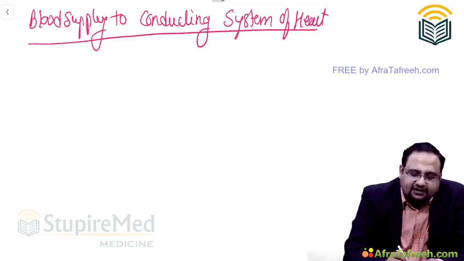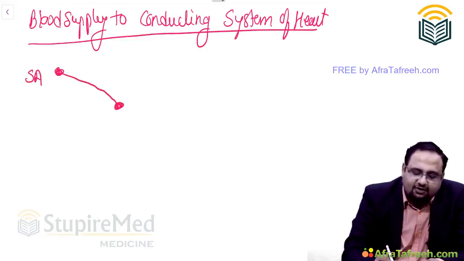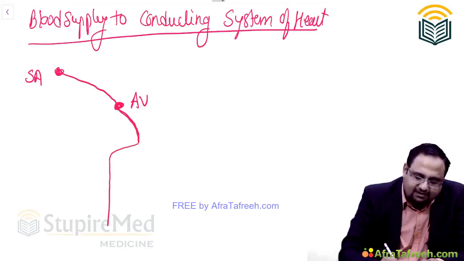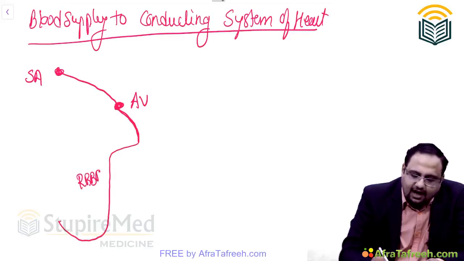So we know that there is the SA node, which is the pacemaker of the heart. Then there is the AV node. Then there is the bundle of His. It divides into the right bundle branch and the left bundle branch.